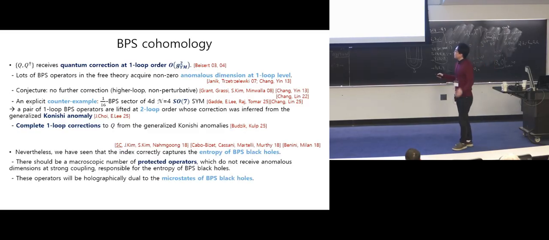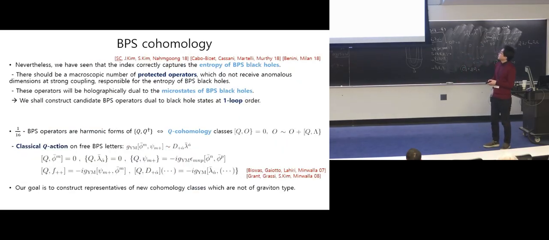Nevertheless, we have seen that the index correctly captures the entropy of BPS black holes, meaning that there should be a macroscopic number of protected operators which do not receive anomalous dimensions at strong coupling to explain the entropy of BPS black holes. So these protected operators will be holographically dual to the microstates of black holes I want to study.